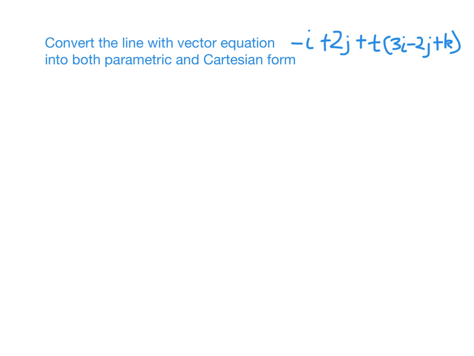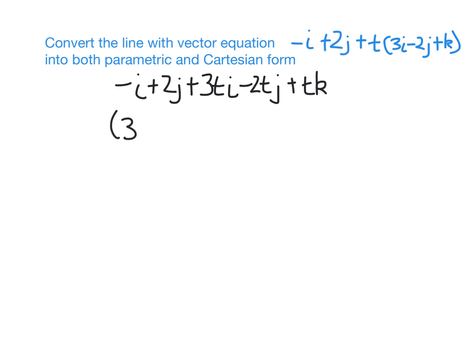To do this, I'm simply going to expand the brackets here and collect like terms. So leaving the negative i plus 2j alone, I'm going to expand the brackets. So I get 3ti minus 2tj plus tk. Collecting like terms, we'll collect the i's together.